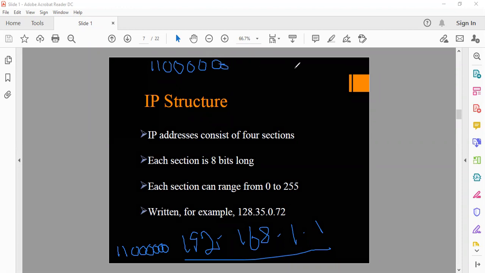At the first position we have 2 to power 0, then 2 to power 1, then 2 to power 2, then 2 to power 3, then 2 to power 4, then 2 to power 5, then 2 to power 6, then 2 to power 7.